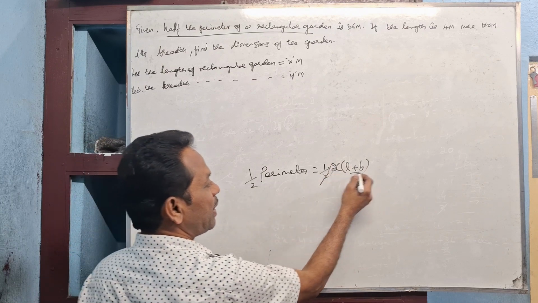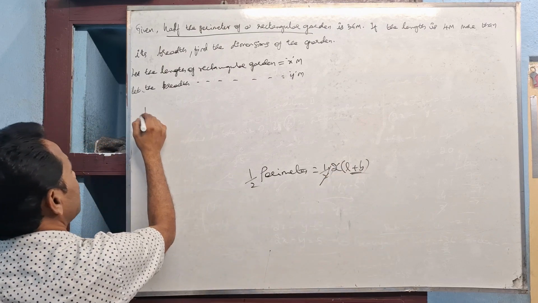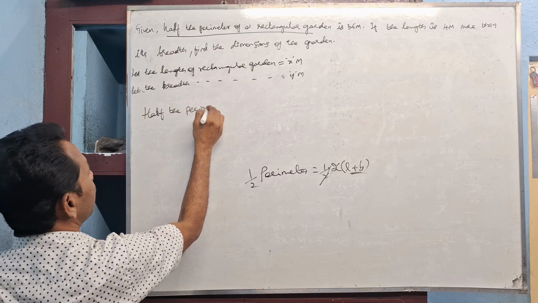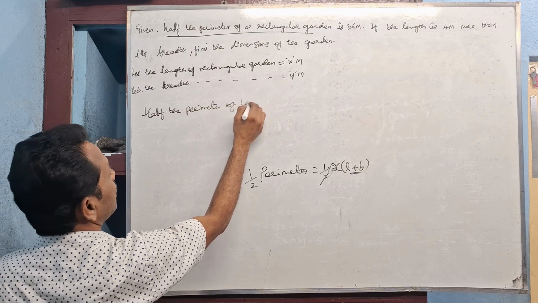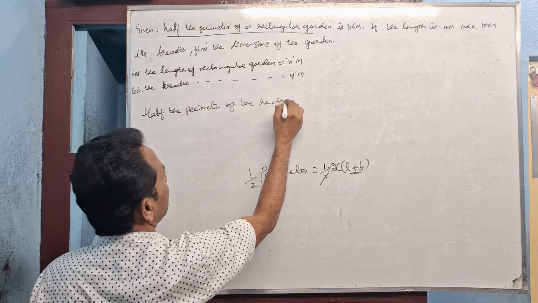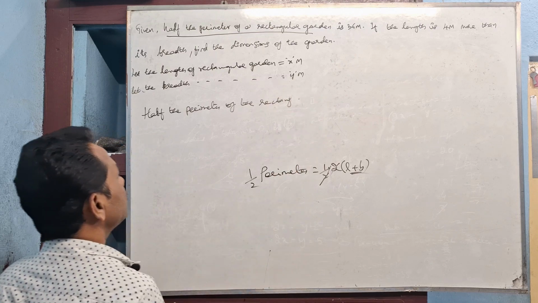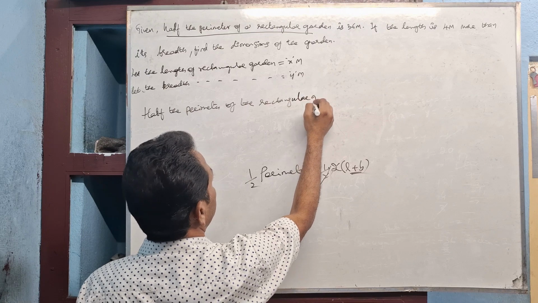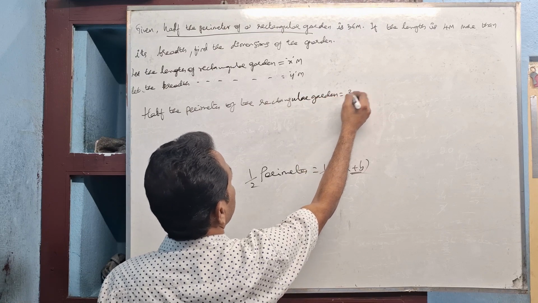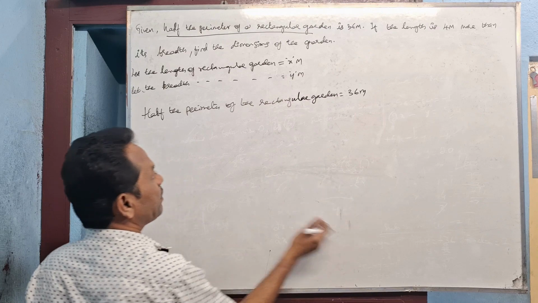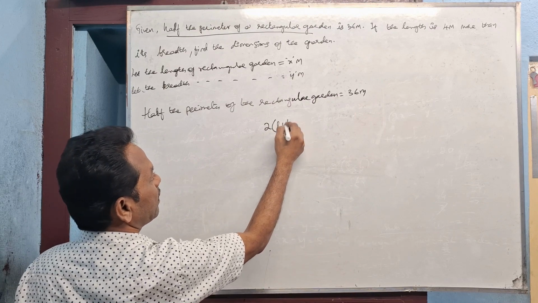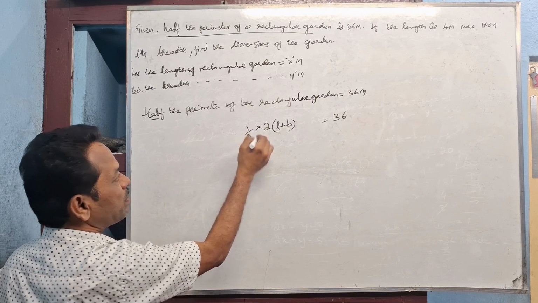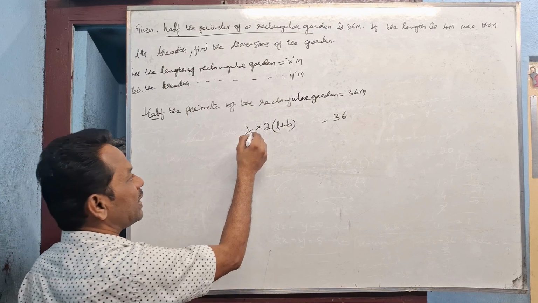So half the perimeter is nothing but L plus B, which is 36 meters.